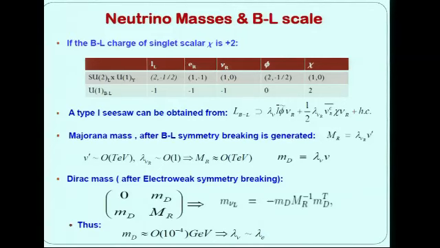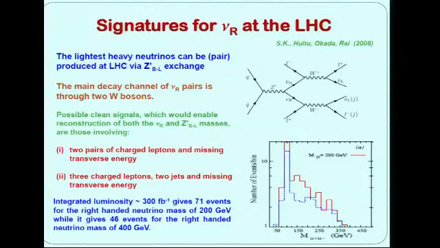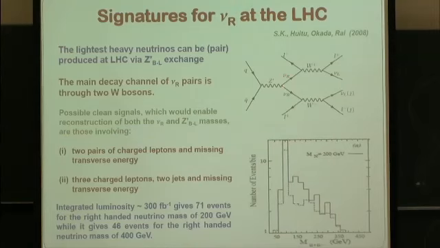10 to minus 4 GeV. So there is also an interesting signature at the LHC for this class of models. At least now you have the gauge boson, the Z prime. You can produce the right-handed neutrino in pairs, and then this right-handed neutrino, because this class of model has a small Yukawa coupling, as we have seen, 10 to minus 6, becomes somehow a long-lived particle.